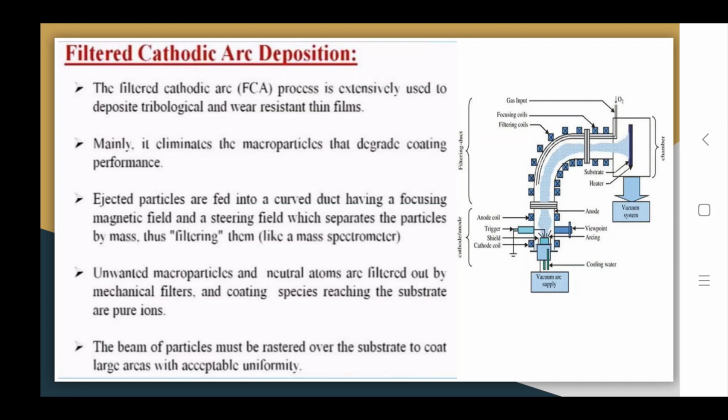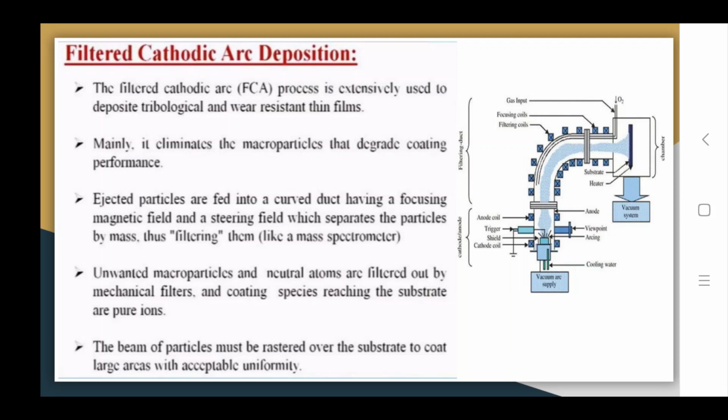Then the beam of particles must be rastered over the substrate to coat a large area with acceptable uniformity. This is actually the movable one, so that it can cover the whole area if the sample size is bigger. Also, the purity of the coating material is 100%, and it is very easy to take out impurities from the coating materials too.